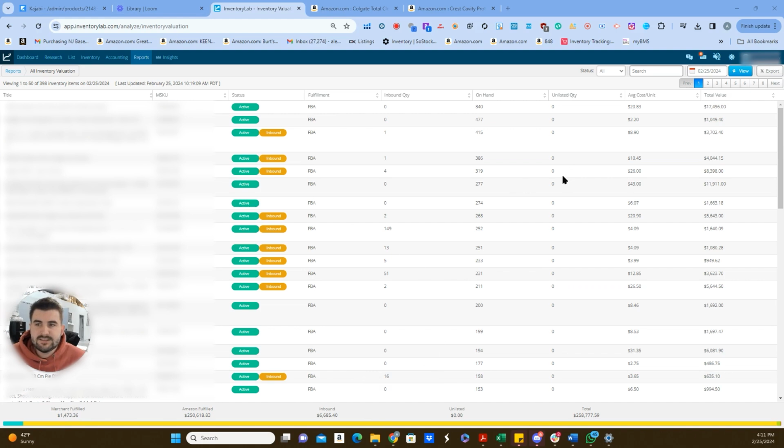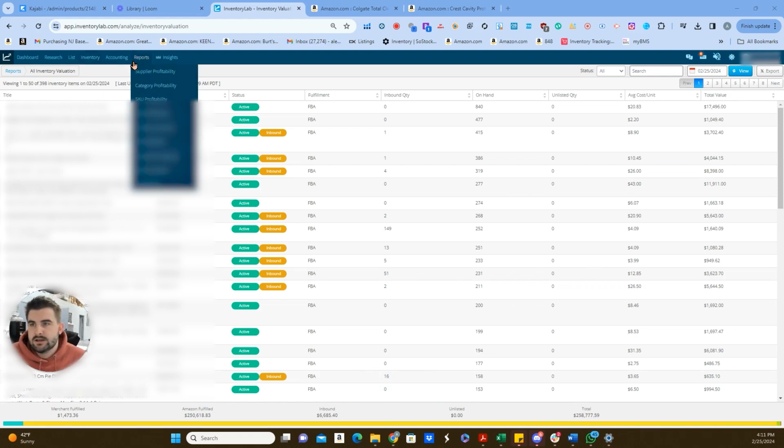So that gives you a good idea of where you're at. And we'll take this number and figure out, all right, where are our credit cards at in relation to this figure? Are we positive? How positive are we? Good metrics to understand in Inventory Lab. And honestly, it's worth every penny utilizing Inventory Lab. Some people can do this also in Seller Board, which we can, again, talk about.